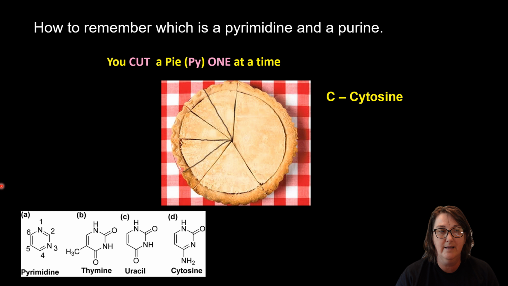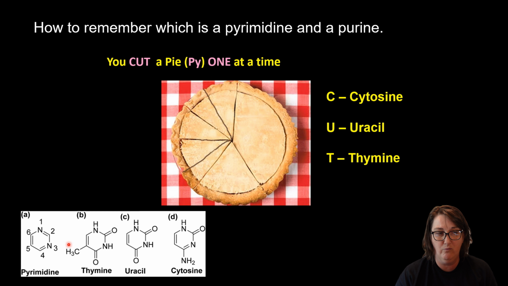And the ones that are going to be those are going to be the CUT letters. So cytosine, uracil, and thymine are all pyrimidines, which means they all have 1 ring. The other ones, adenine and guanine, will have 2.